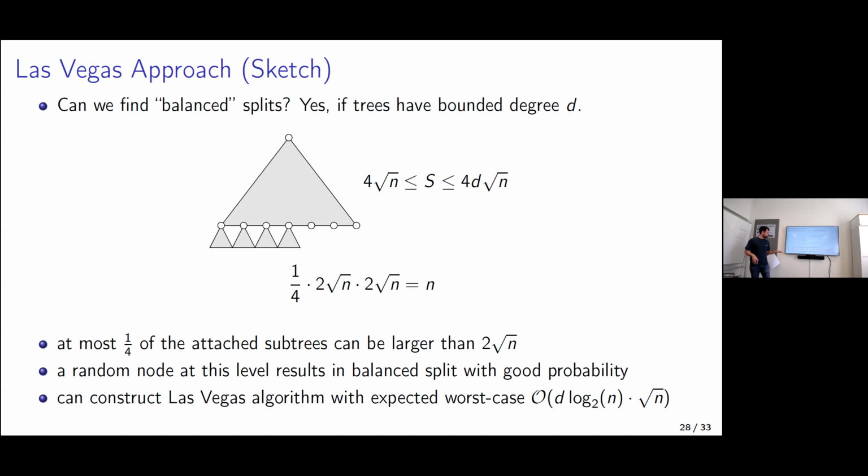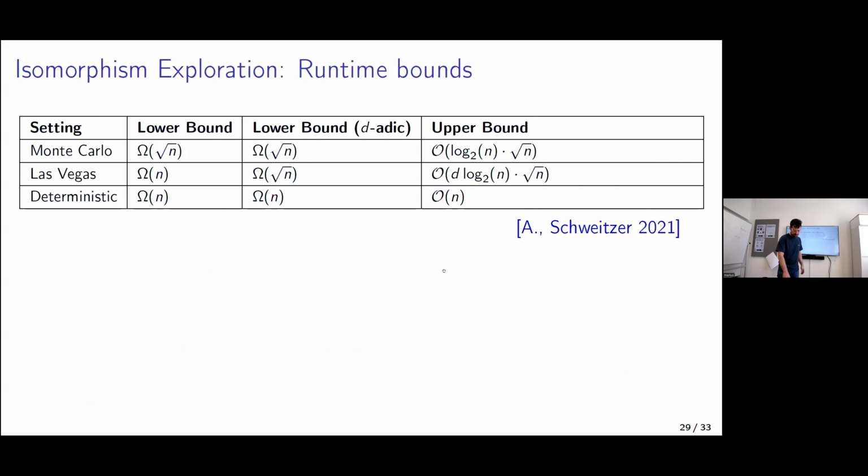And you can turn this into a sort of Las Vegas algorithm, so a randomized algorithm that doesn't make errors, which has an expected worst case runtime, again, roughly in square root of n, but also times the bounded degree t. And within this isomorphism exploration model, we were also able to show lower bounds.